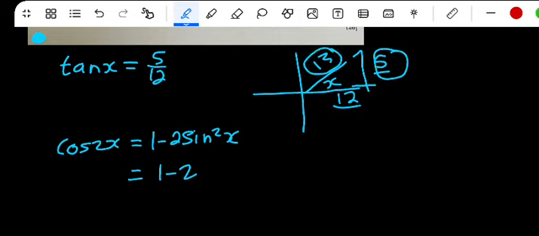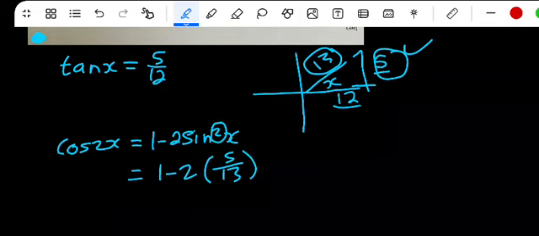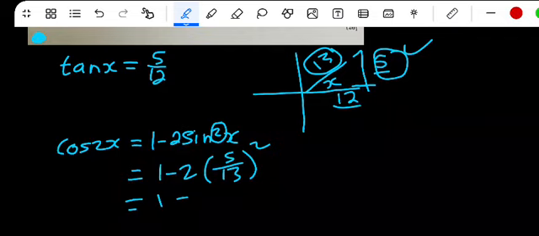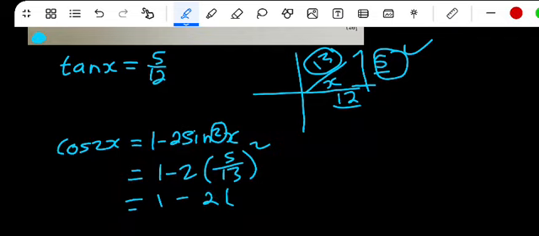So we have 1 minus 2 sine, and sine is opposite over hypotenuse. Opposite is 5, hypotenuse is 13. You divide 5 by 13, then you square, because you have the square there. So we'll have 1 minus 2 times that, using laws of exponents, you square that, 13 squared.